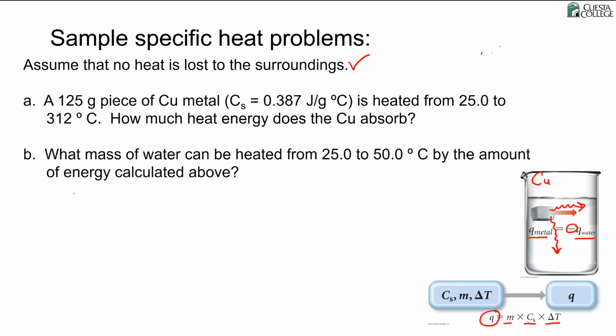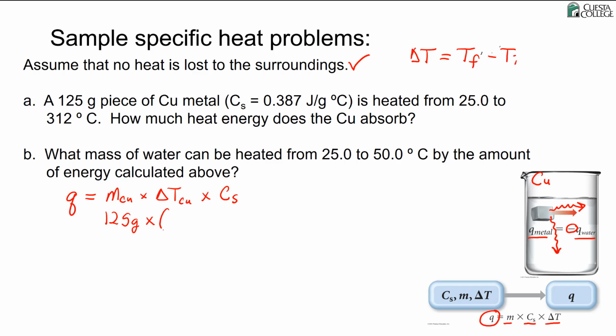We can work the problem for the copper by taking the heat energy for the copper and setting it equal to the mass of the copper times the delta T for the copper times the specific heat capacity for the copper. The mass of the copper is known. We can calculate the delta T for the copper. It's important to note that delta T is always calculated to be T final minus T initial, or final temperature minus initial temperature.